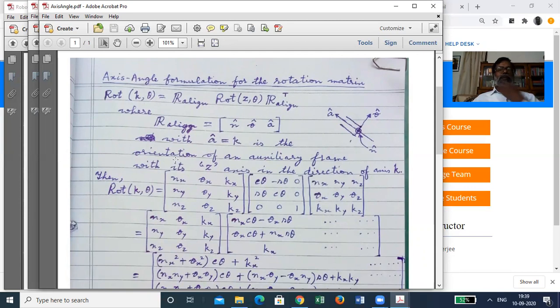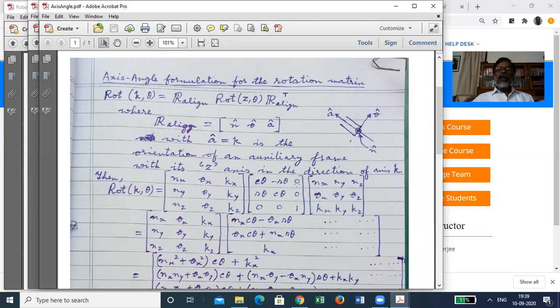So, this is an auxiliary frame of reference with its z-axis in the direction of the axis of rotation P. So now write these three components and we will multiply. And I will show you one column to give you the direction to make the elimination steps.